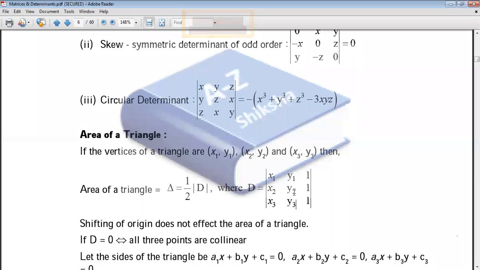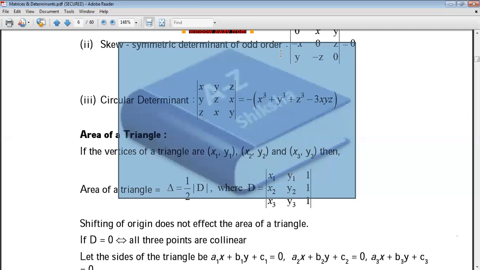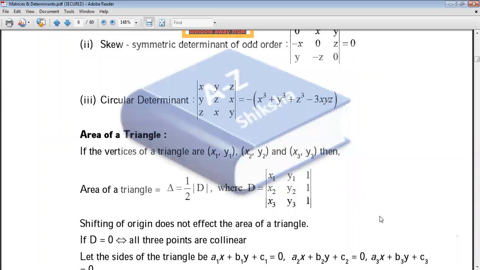Then what conclusion can you make? The determinant being 0, the area should be 0. And if the area of a triangle is 0, then the conclusion is that the 3 points are collinear, the points lie in a collinear way.